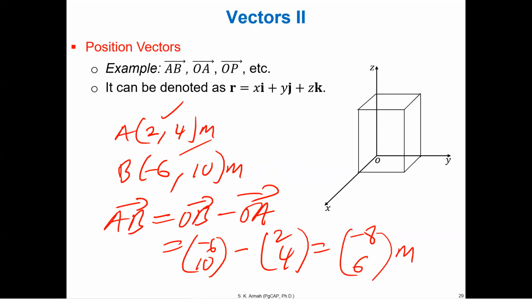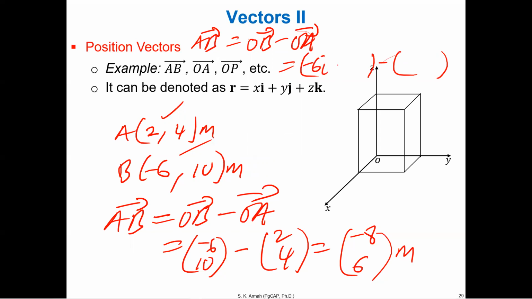And you can also work in Cartesian. In Cartesian vector form, AB is equal to OB minus OA, and then you write each of them in IJ form. So OB in IJ form is -6I plus 10J, and that's what we're doing in this class. Then OA is 2I plus 4J.